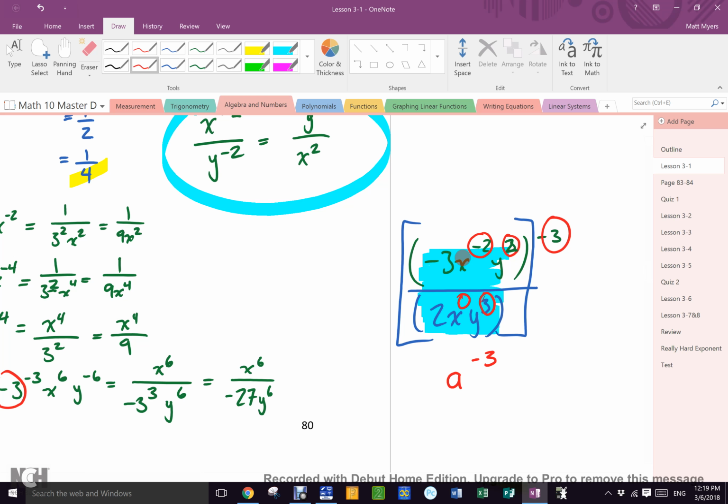Trying to do it in your head to avoid writing down a couple of pieces of work. Is it worth it? Show work when you need to. Do you need to show me work for b squared times b cubed? No, that's b to the 5th. Do you need to show me work for a to the 16th, b to the 24th, c to the 3rd, divided by a to the 8th, b to the 12th, c to the 1? Yeah. Everybody understand? Okay.